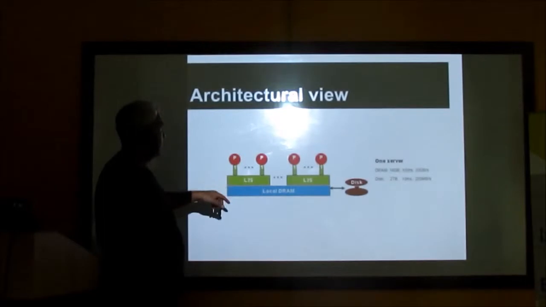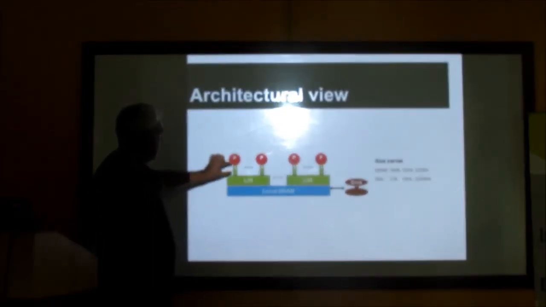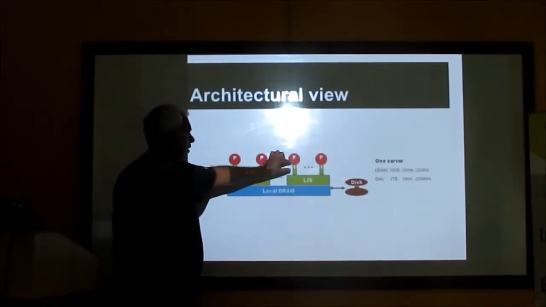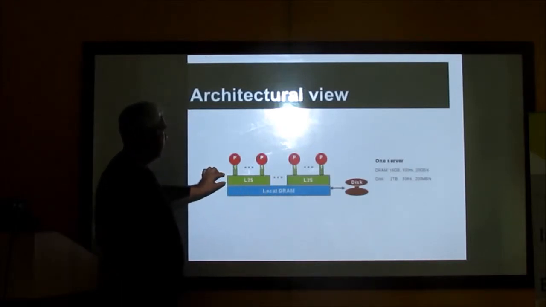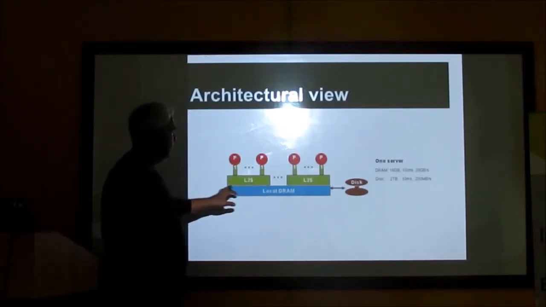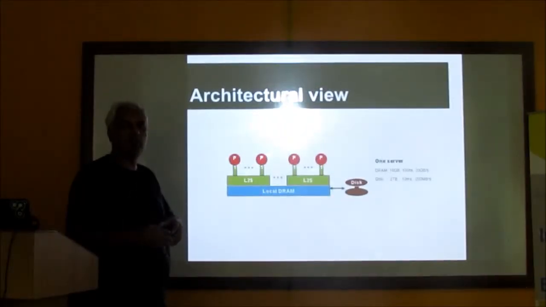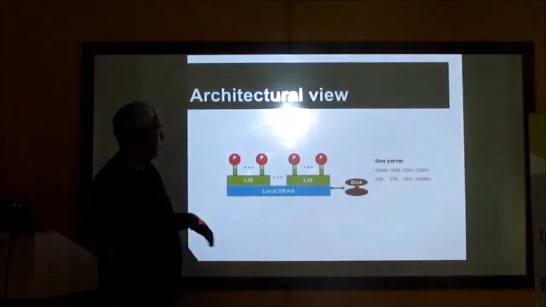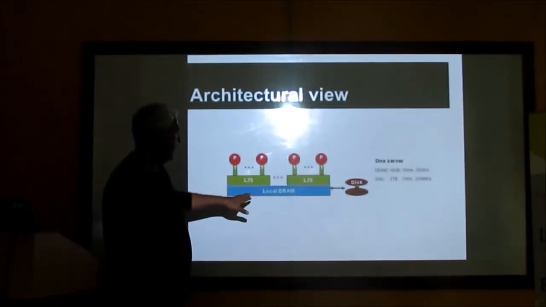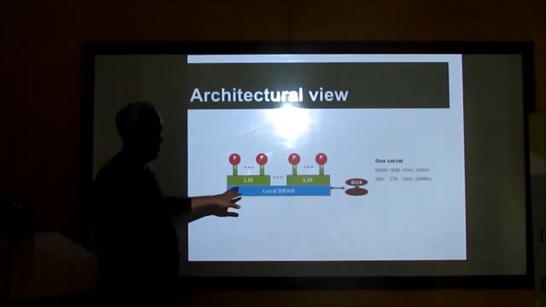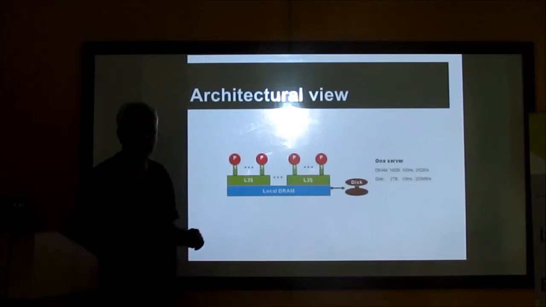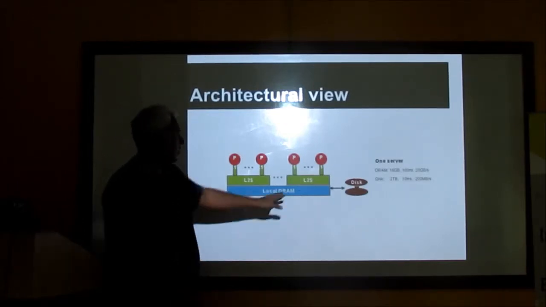Each processor has its own level 1 cache, and then a bunch of processors will share a level 2 cache, let's say, which is slightly slower, or maybe the same speed. And then you have shared memory, which are those memory cards you see, the DIMMs.